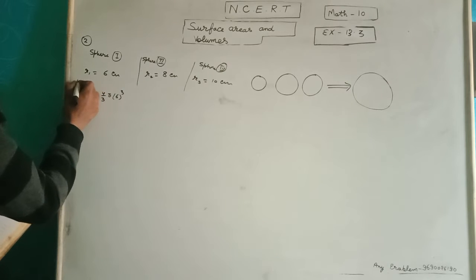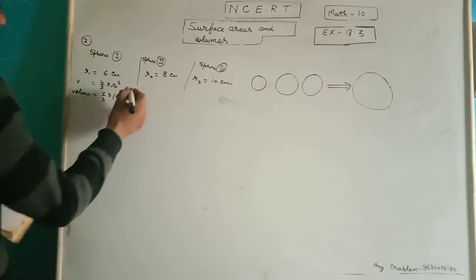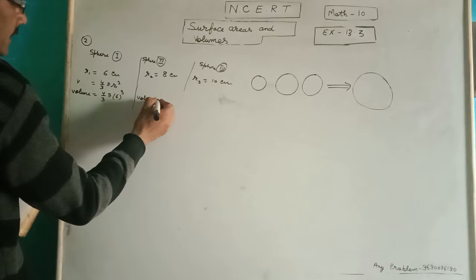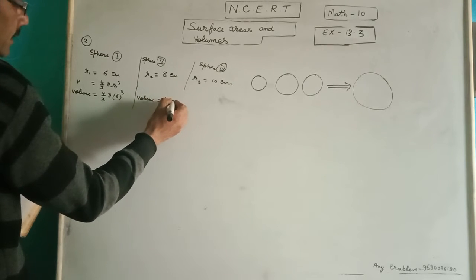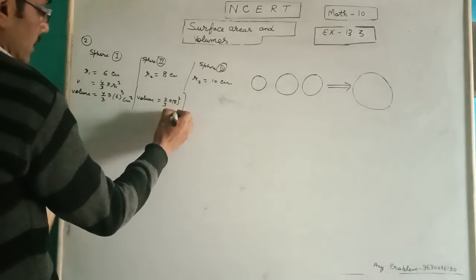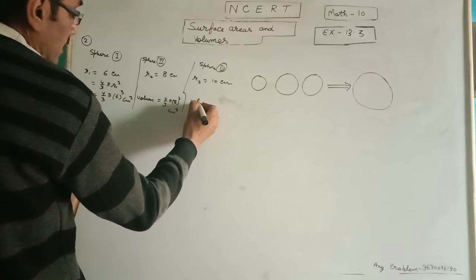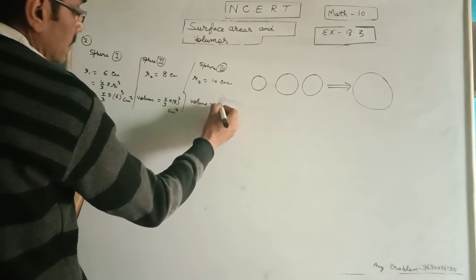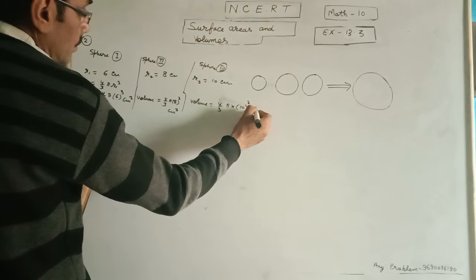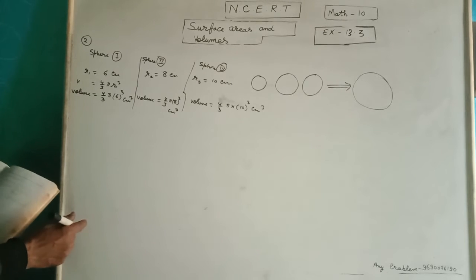Volume formula is 4/3 pi R1 cube. Volume of second 4/3 pi 8 cube, cm cube. And volume of third sphere 4/3 pi 10 cube cm cube.